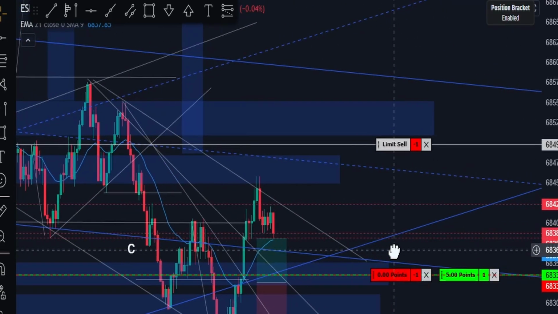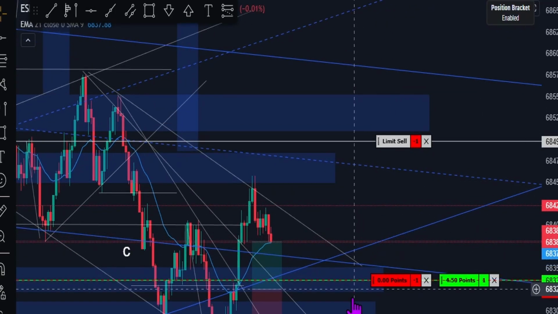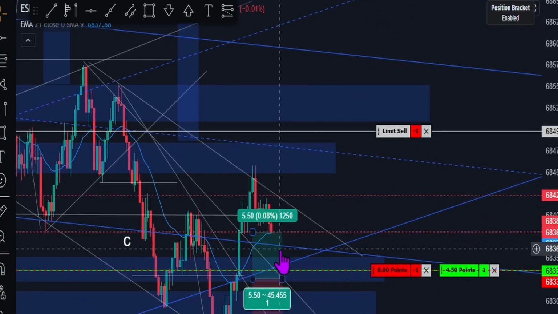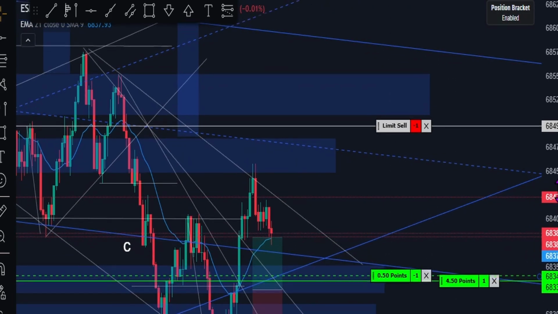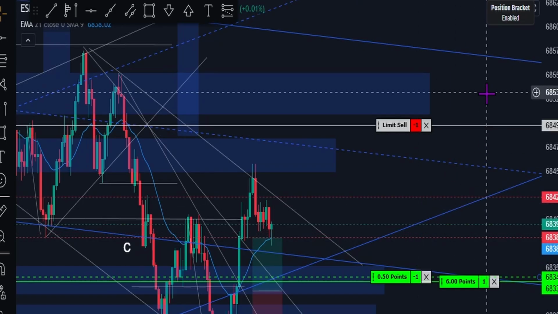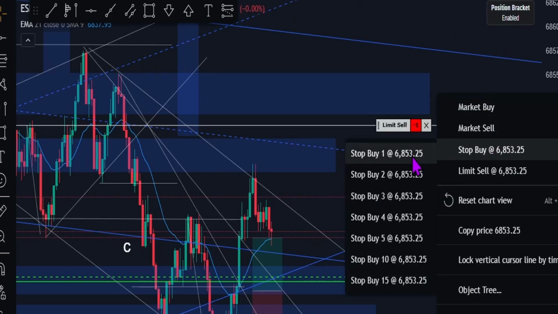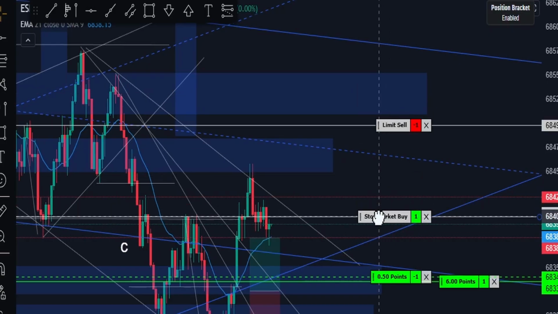Now we wait. Maybe we see a reaction here. I don't want to give enough profits away. Top market. If it moves down, I will enter.